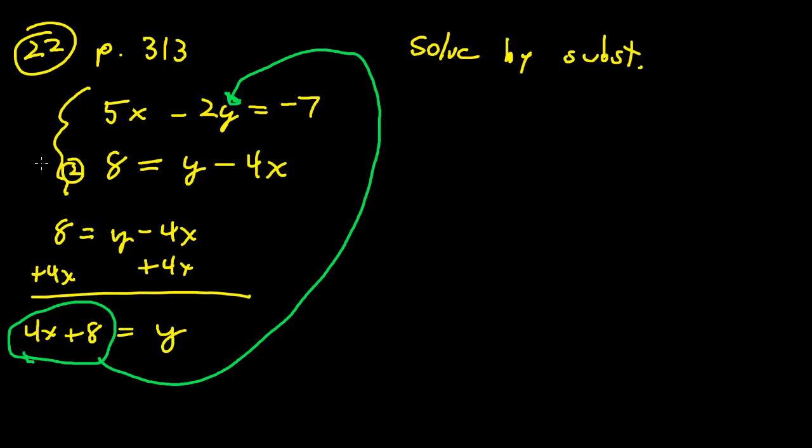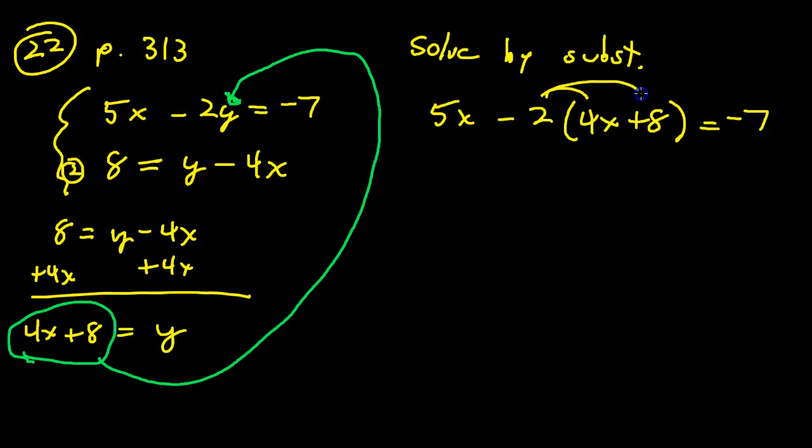Okay. That will give me the resulting equation, 5x, hang on a minute, 5x minus 2 times (4x plus 8) equals -7.